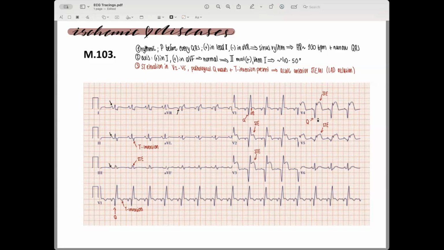I also noticed T inversion in lead number 2 and V1, for example. Now let's see it. I do not think that's a T inversion. You should see the T right here, because that one is parallelly recorded.